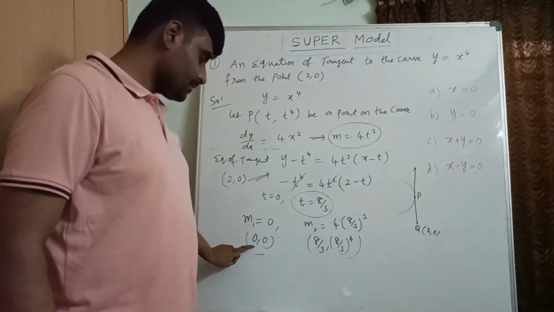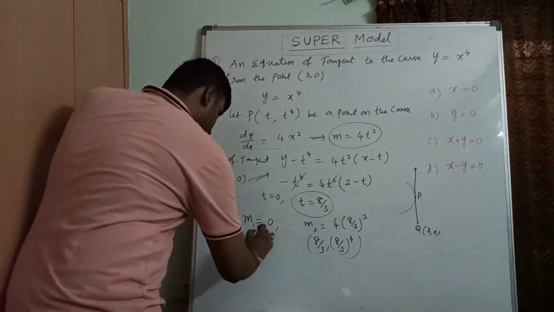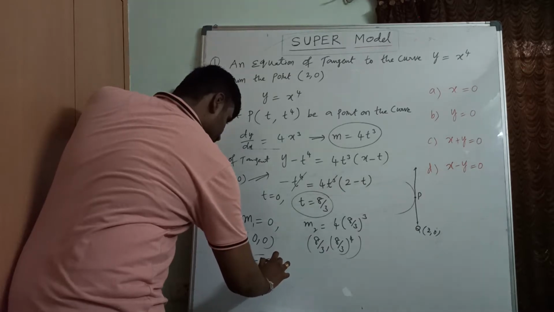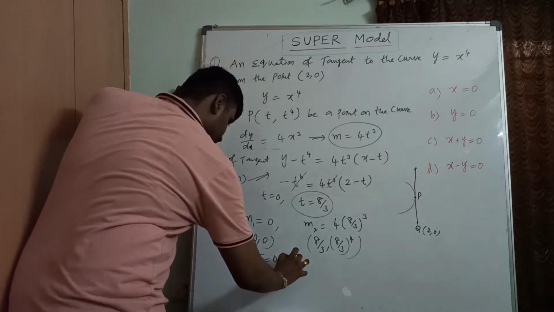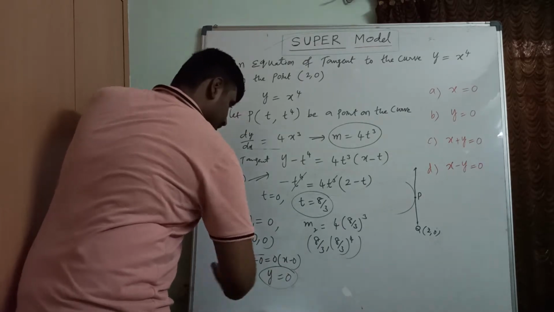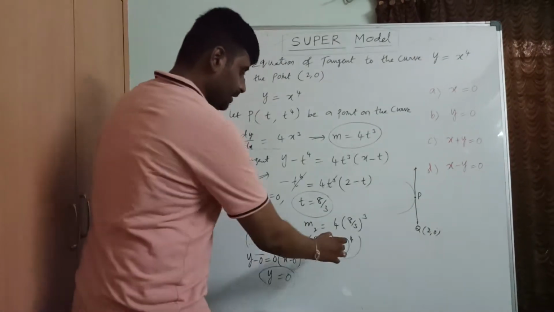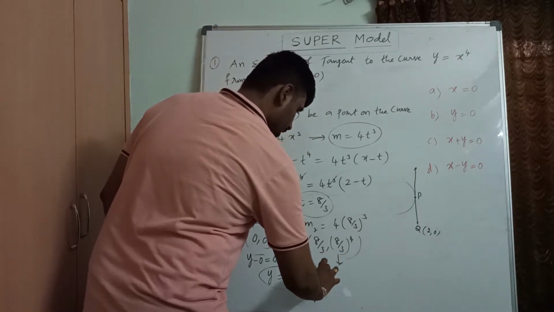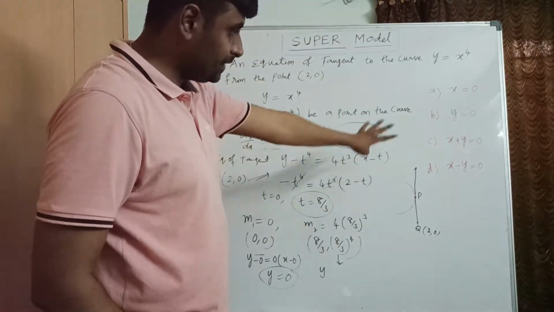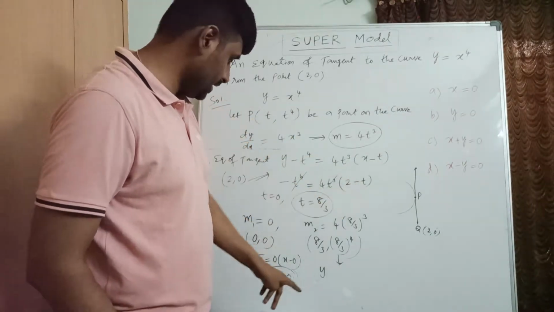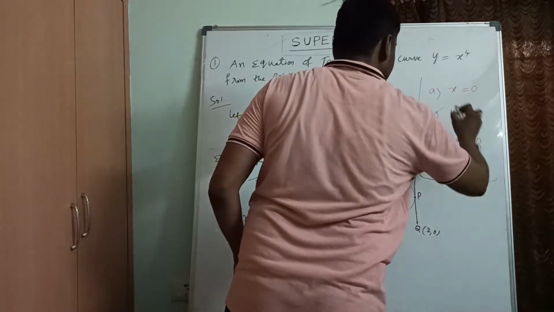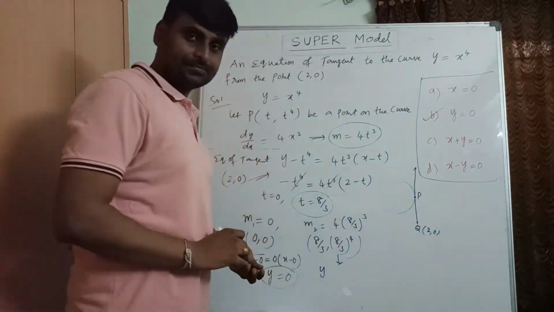Using y minus y1 equals m into x minus x1, we can understand that y equals 0 is correct. From this we can also get one more equation of tangent, which is not needed there. Just verify the options, we should not waste our time. So y equals 0 is correct, so option B will be the correct option.